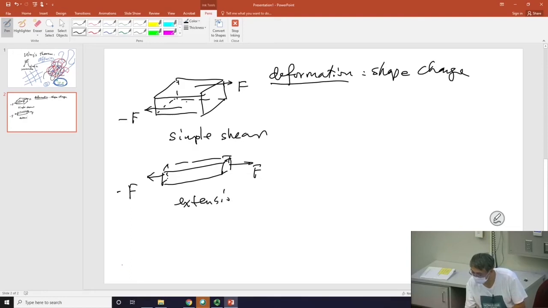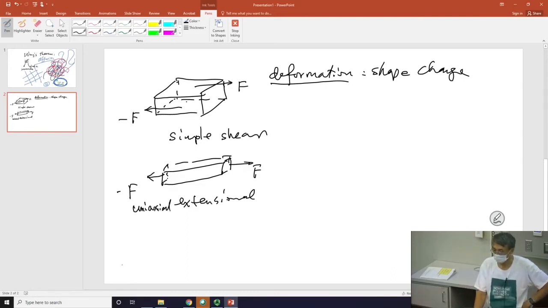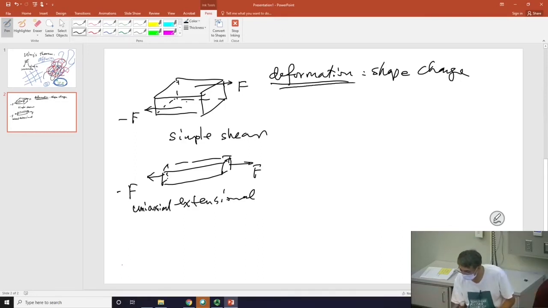And if you want to be precise, you can call it uniaxial extension. So we'll speak about deformation. We'll speak about shape change. And in each case, a fancier word is called strain. It means the same thing in reality.